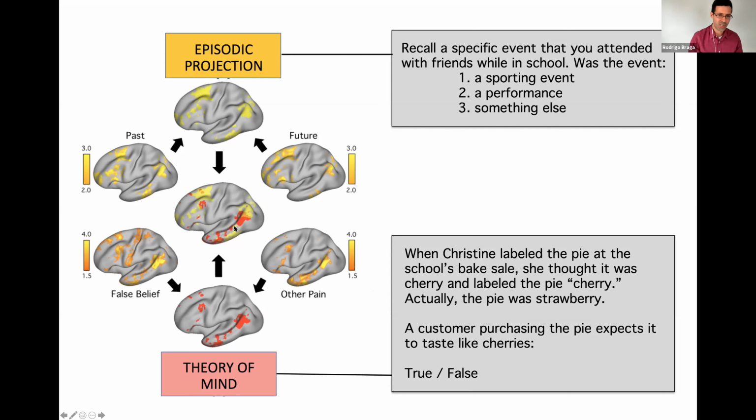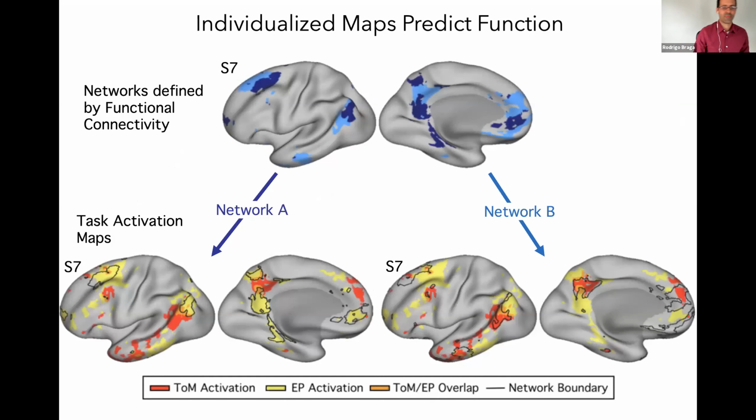You can already see here in this map that they seem to occupy different regions within these individuals. But the question is, how do these relate to the default network A and B that I've been talking about? Here are the results from one individual, subject 7. Networks A and B are shown here in light blue and dark blue.